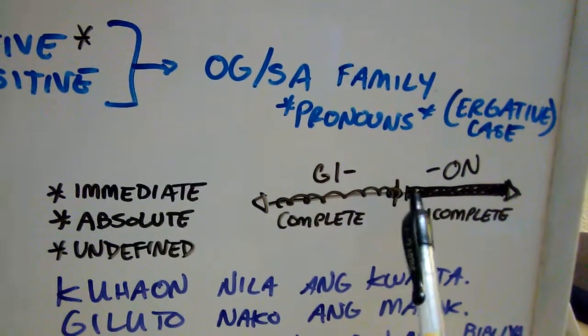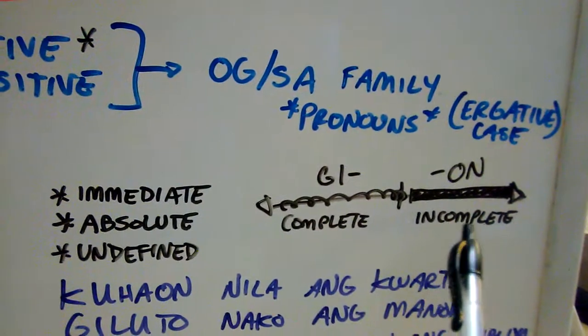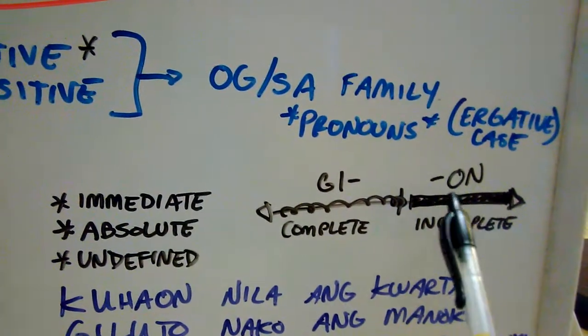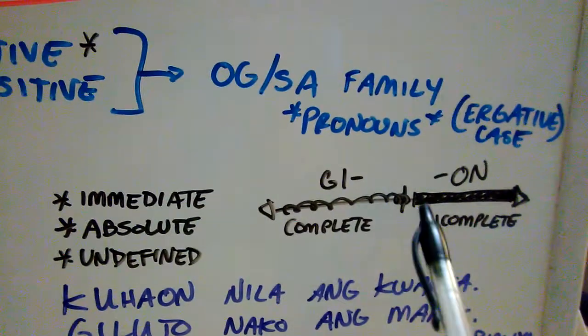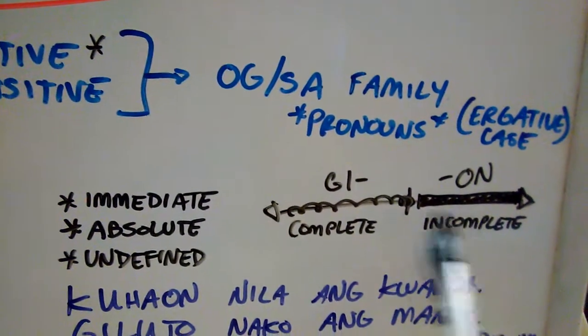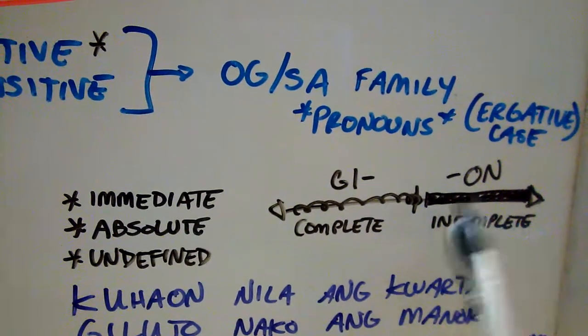And anything that never happened yet, incomplete, right? The verb hasn't been started or completed yet. Anything that's going into the future, we can use on. Again, it has to relate to immediate, absolute, and undefined. It can be immediately sometime, or anticipating in the future, incepting in the future, it's gonna happen. Absolute in the future, it will happen.